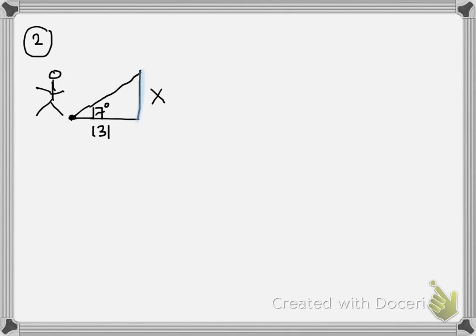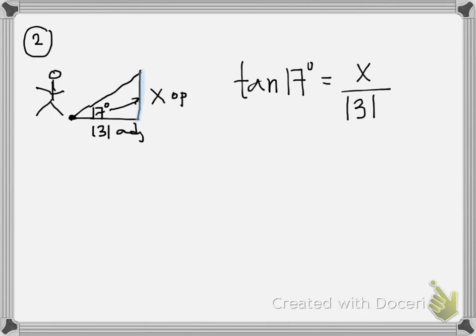So I want to know the side that is opposite, and I have my adjacent side, right? So that is a tangent. Tangent of 17 degrees is going to be equal to your opposite over your adjacent. So you can multiply: 131 times tangent of 17 degrees.